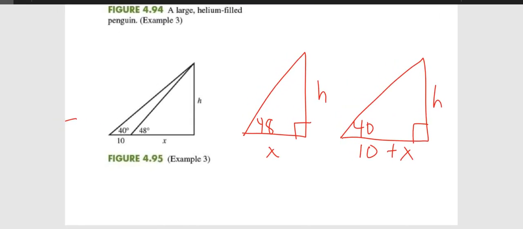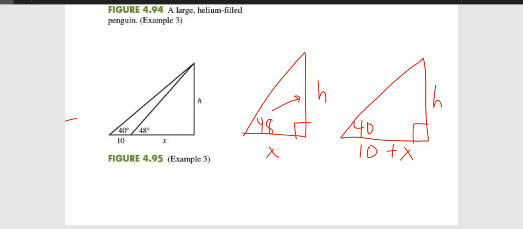What do you think we should do? Find X first. Okay, so now, if you say find X first, which one of those triangles do you want to use to find X first? The left one? Okay. All right, let's try that.